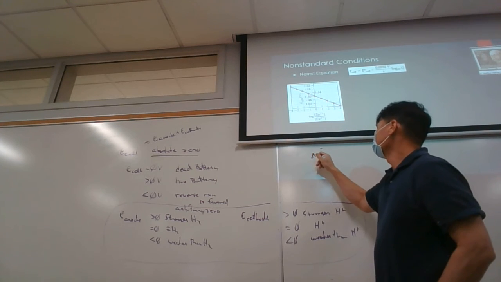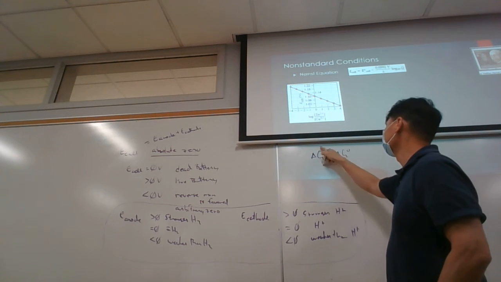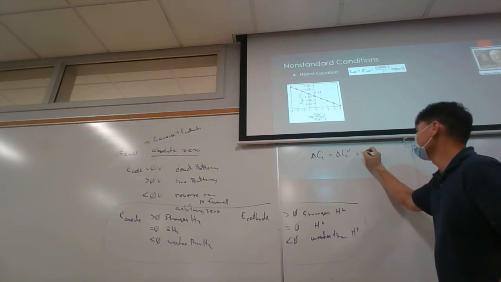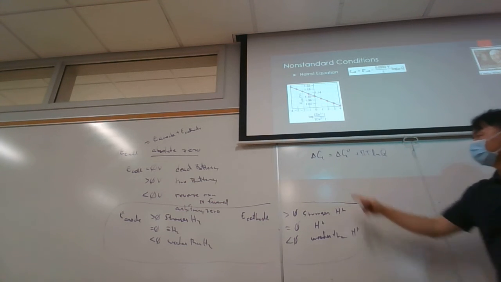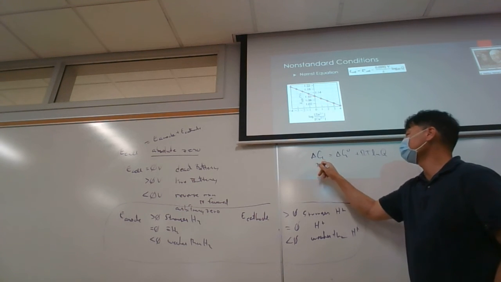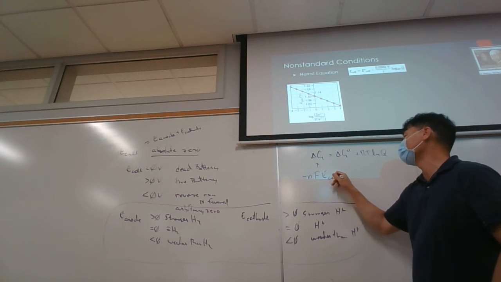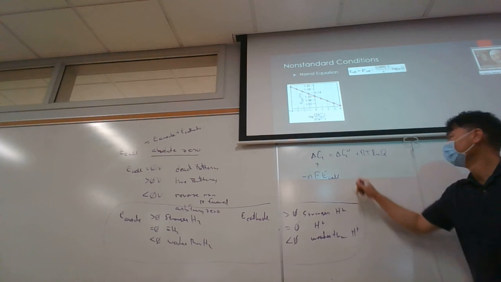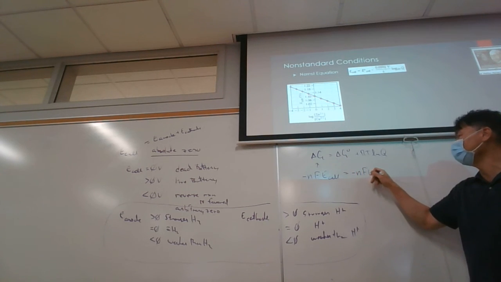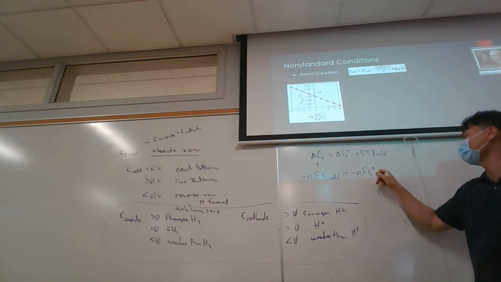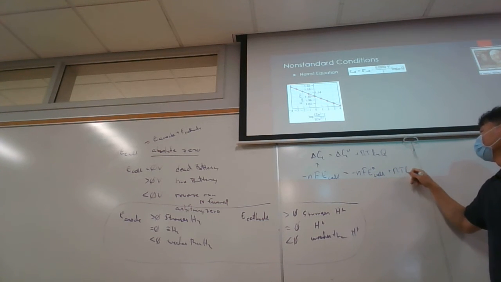That is, the Nernst equation can be derived from delta G under non-standard conditions is equal to delta G under standard conditions plus RT ln of Q. Delta G under non-standard conditions is equal to minus NFE of the cell under non-standard conditions. Delta G under standard conditions is equal to minus NFE of the cell under standard conditions plus RT ln of Q.